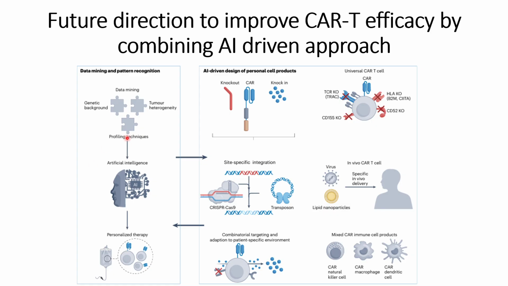So these are some of the future directions in which CAR T cell designs can be moved forward, and which might lead to better efficacies not only against B cell malignancies but also against solid tumors.